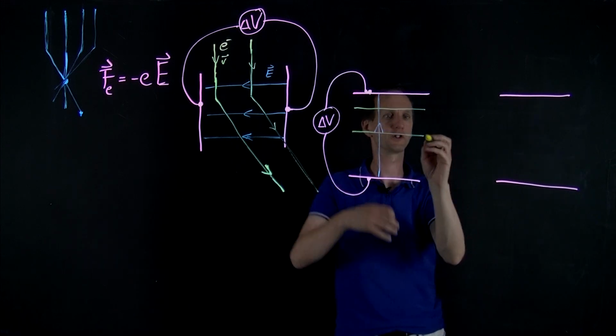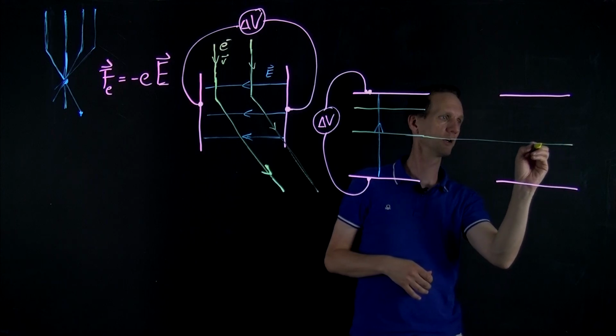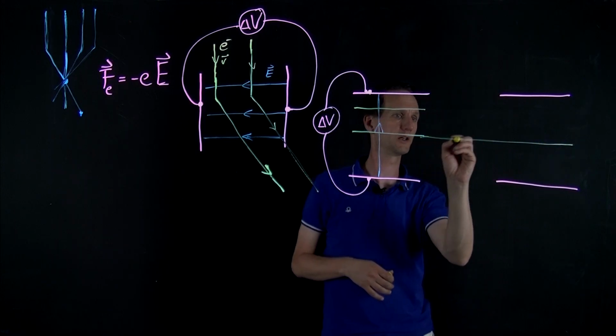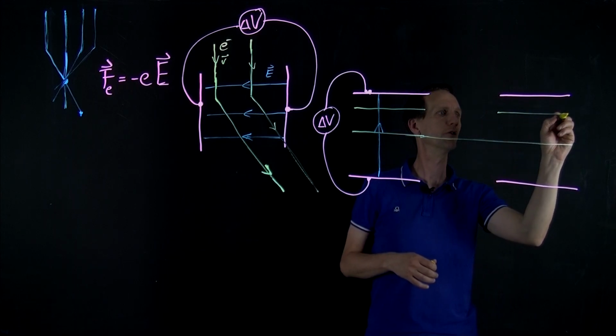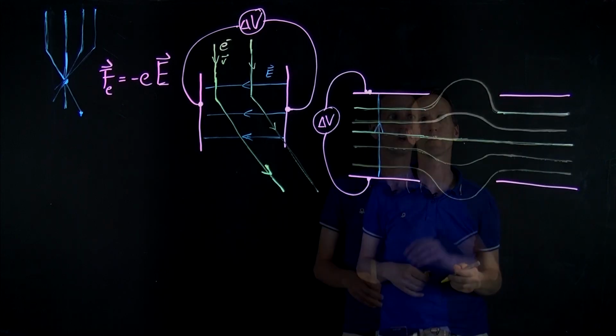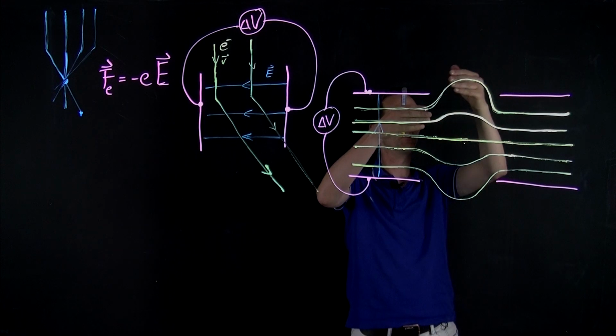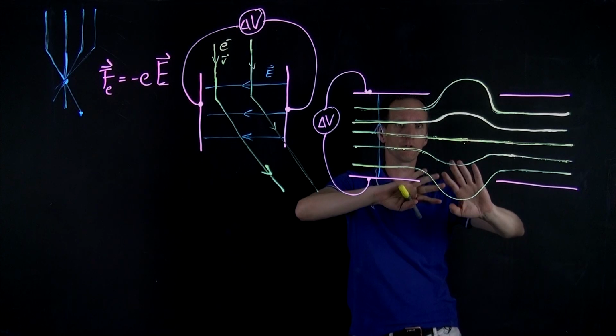And of course, because of the symmetry, it continues being a straight line in this case as well. But here, if we move away from the center plane, something will happen due to this gap. So this is then how this equipotential line will bulge out. And of course, it will be in the opposite direction for the lower plate.